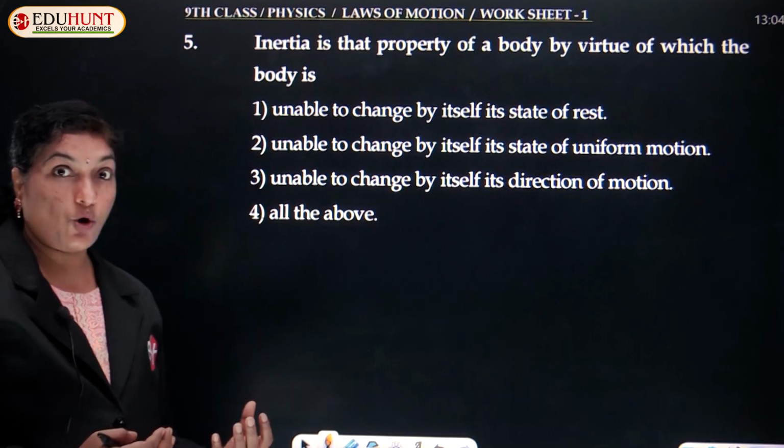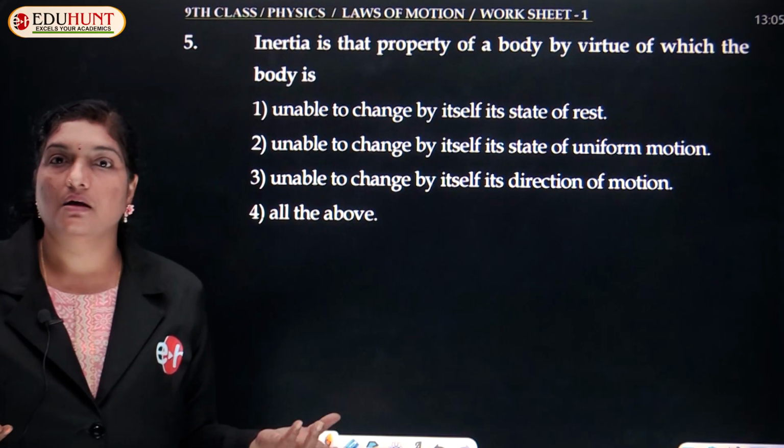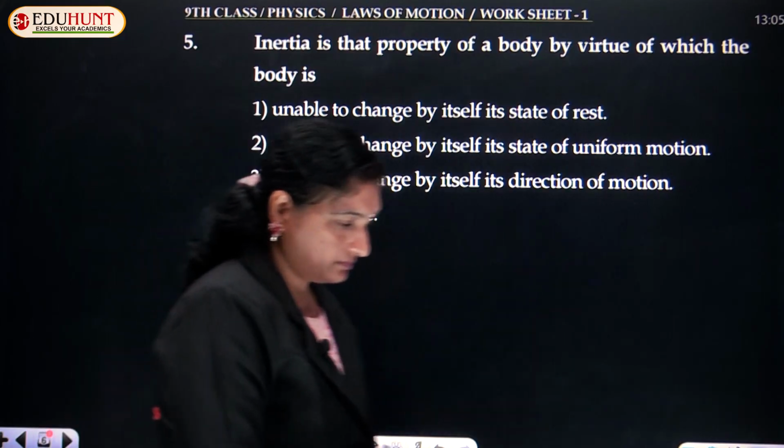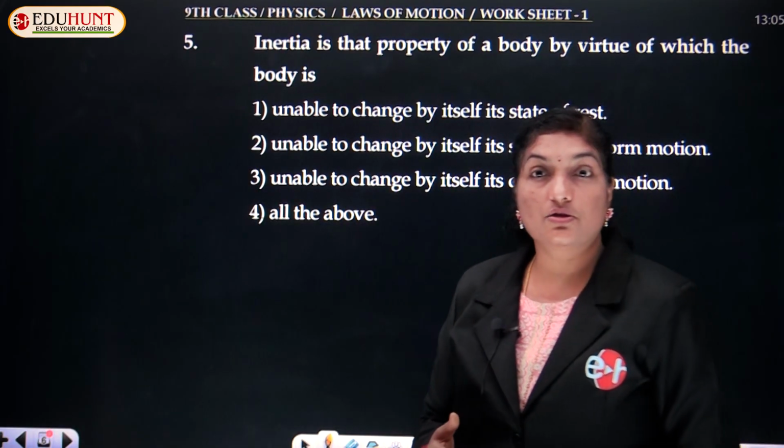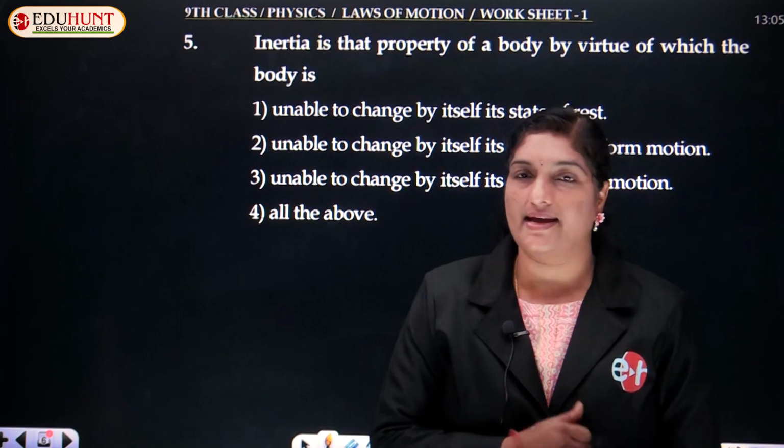Inertia is that property of a body by virtue of which the body is... What is inertia? Inertia is categorized into 3 types: inertia of rest, inertia of motion and inertia of direction.